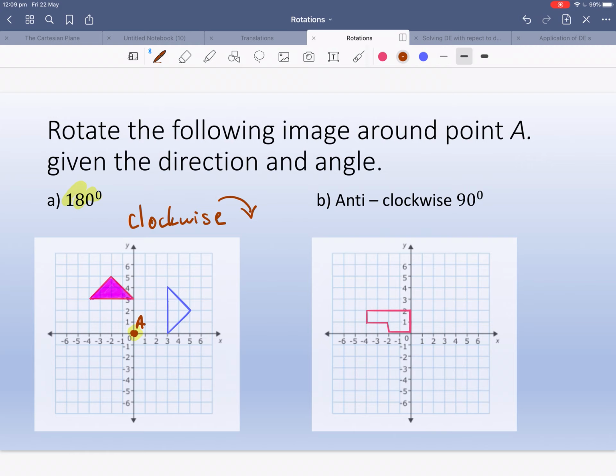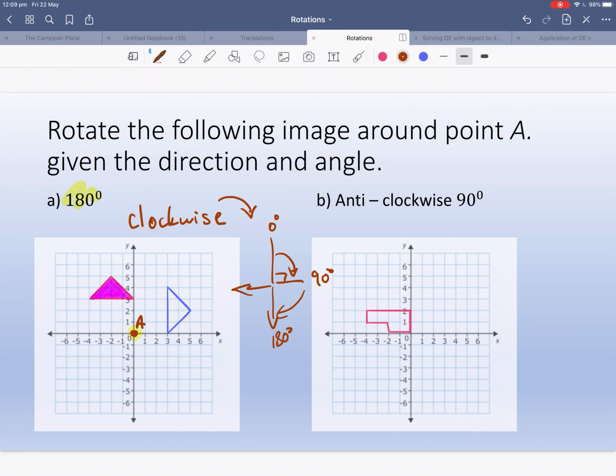All right, so 180 degrees, if here is 0, this is 90 degrees, so a quarter turn is 90 degrees. And then if I go right back down to the bottom, that's 180 degrees.